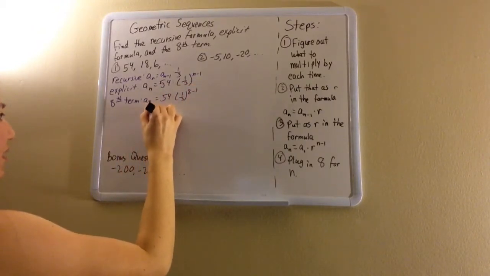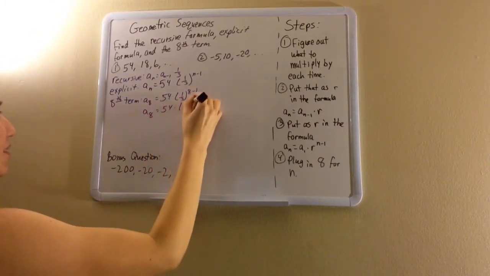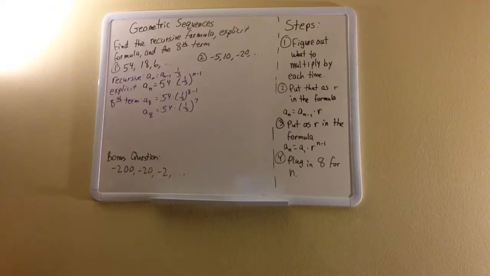So a8 is equal to 54 times 1/3 to the 7th power. And that's all I really need. Now, you could plug this into the calculator to make it a little bit more accurate, but that's really all I need to see, and from here it's very easy to plug it into the calculator. So, okay, we're going to look at our next example.